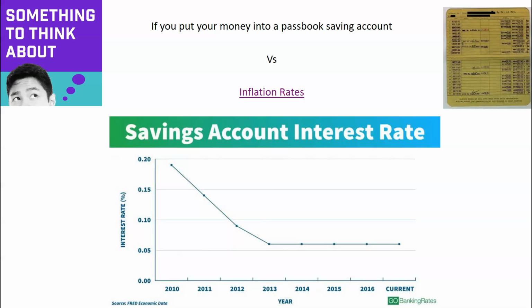You are literally losing money over time when you put your money into a savings account, which I know is backwards from what people try to teach you and what people tell you. But if you look at the mathematics, you're losing purchasing power. You're not losing dollars. You will gain dollars eventually, but you're losing purchasing power when you compare it to what's happening with inflation.